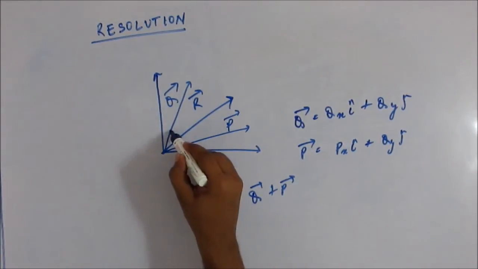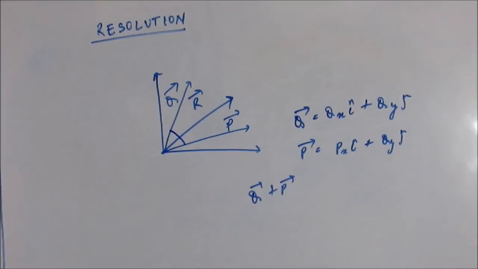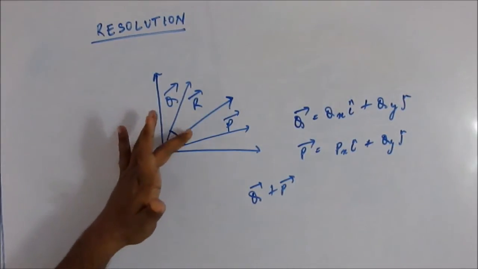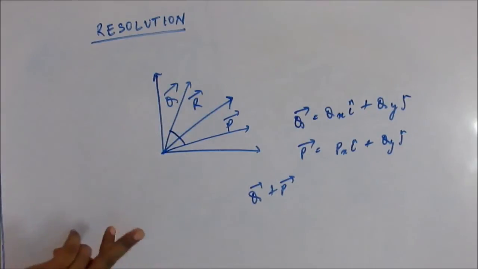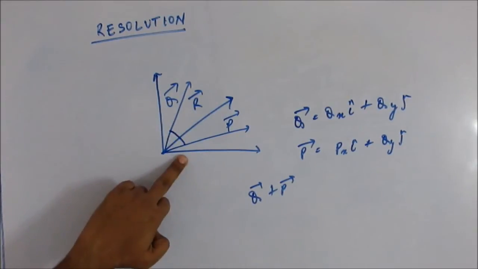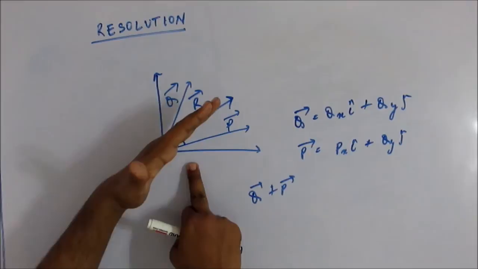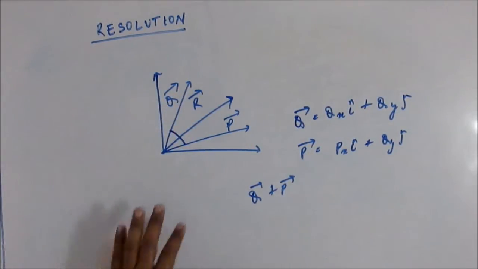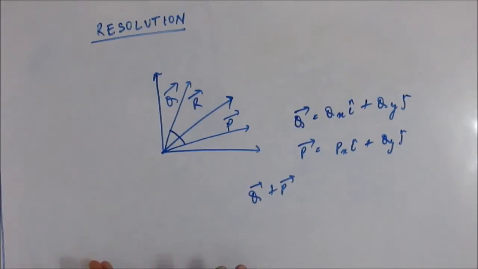But for that you have to look at the angle each vector makes with the x-axis, and then you have to see what angle the resultant vector makes with the x-axis. That's going to be a little bit cumbersome. When the situation itself is cumbersome, then that addition is going to be a lot more cumbersome.